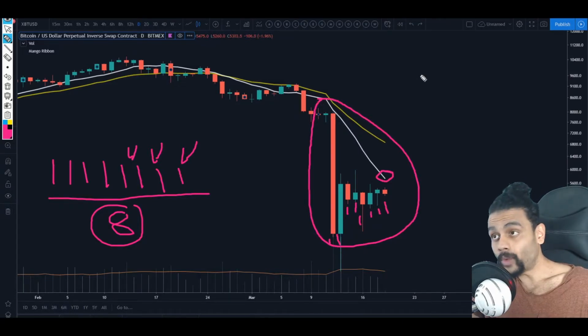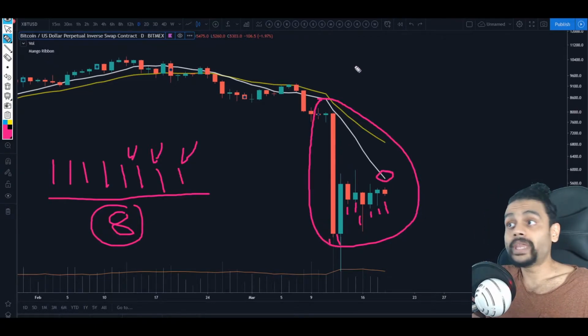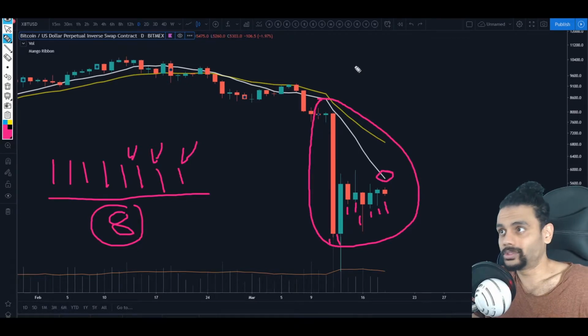Interesting. Now you might be wondering, Sean, is that fair though? Don't we have an outlier over here? Isn't this candle throwing the average off? If you think about it, let's say we have a classroom of around 10 students and we want to calculate the average height of the students, and in that classroom we have one giant who's around 10 feet tall.